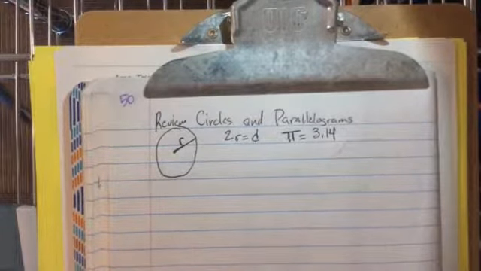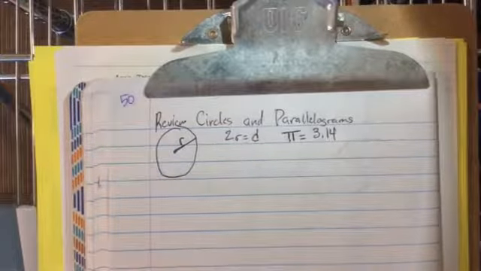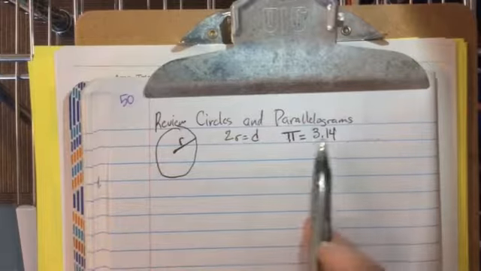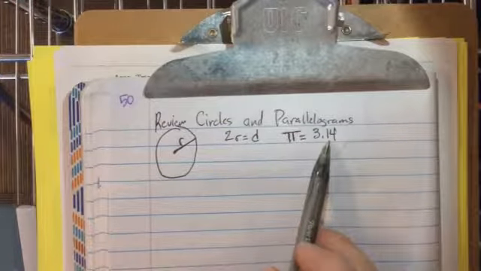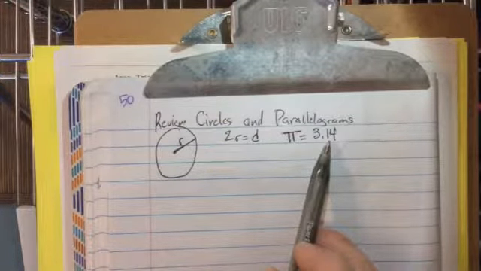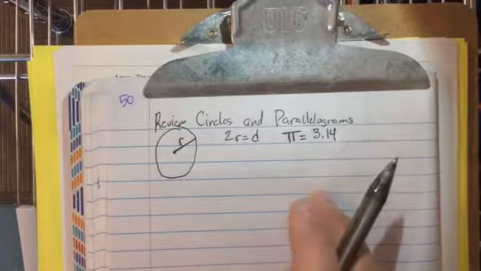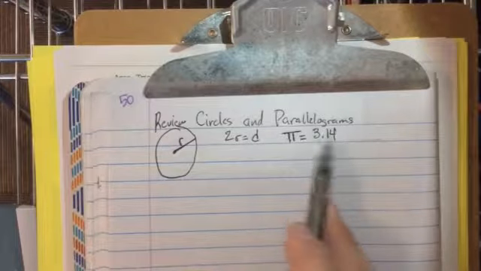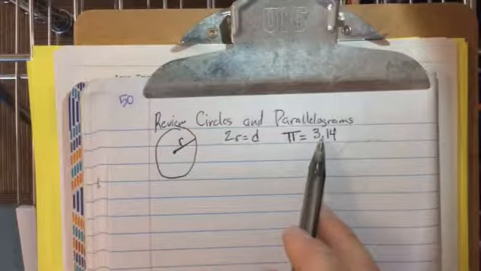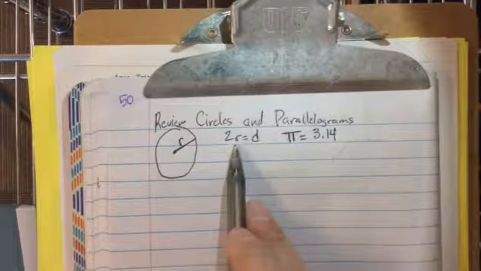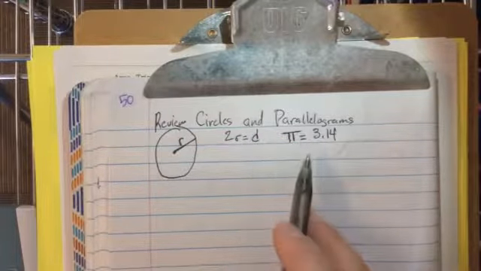If you do not have access to the complete value of pi, the pi button on your calculator, use 3.14 for that value. 3.14 goes on forever, but this is as far as necessary to give us our answers. So two r's, two radiuses equal our diameter, and pi equals 3.14.